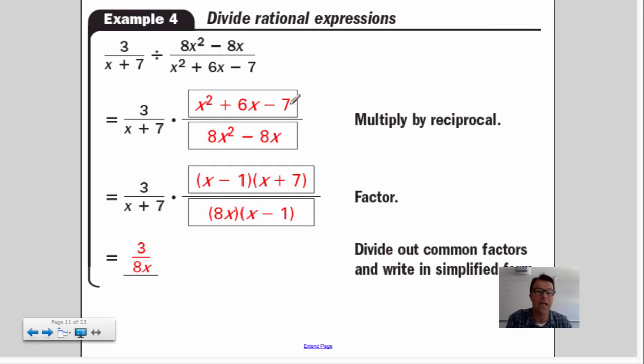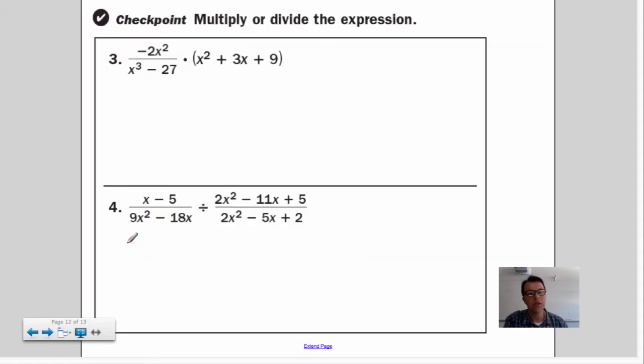Just flip that second rational expression. So from here to here is just knowing that rule, and then you should be back in your comfort zone of multiplying. Before we multiply, let's factor. And when we factor, we can see that this cancels, cancels, cancels, cancels, and just fun canceling, and you're left with this.